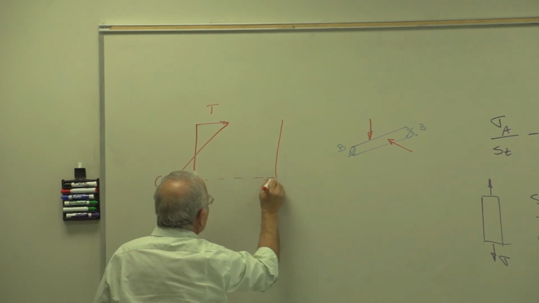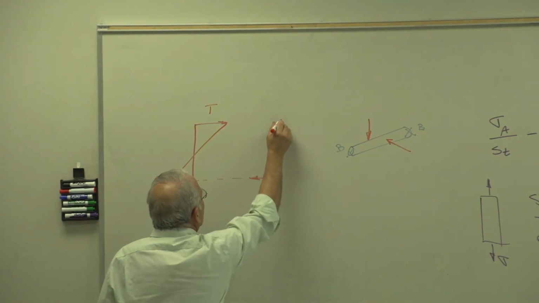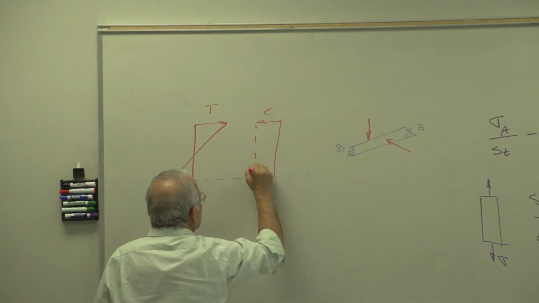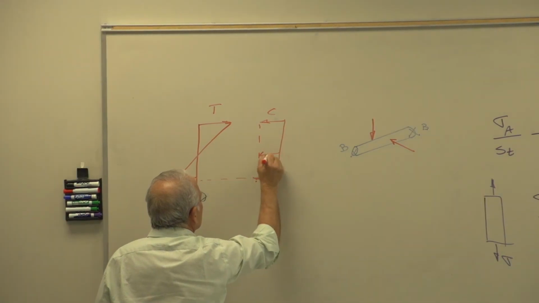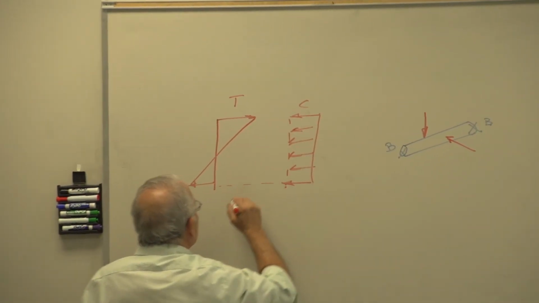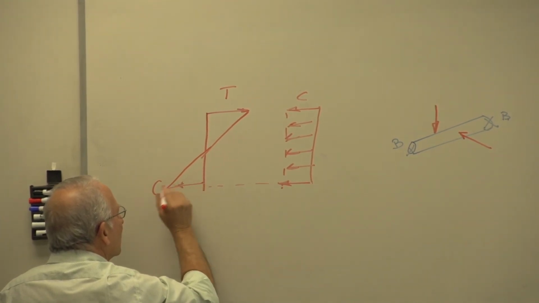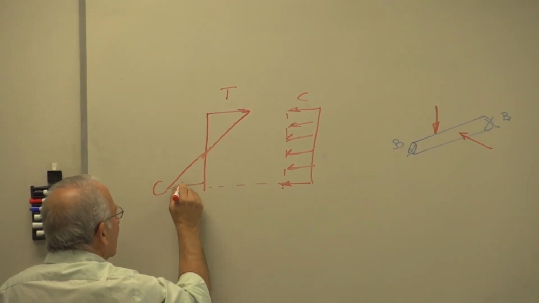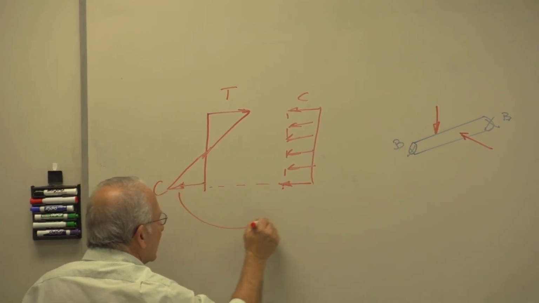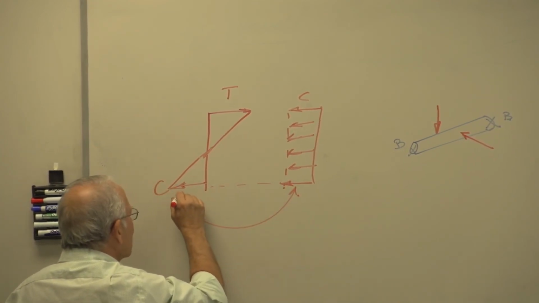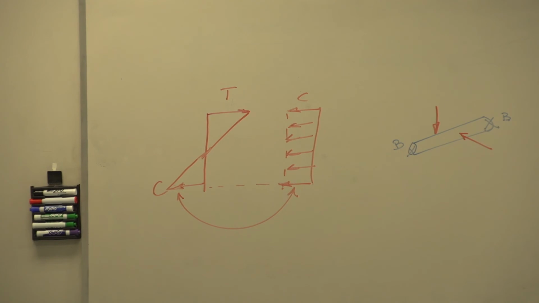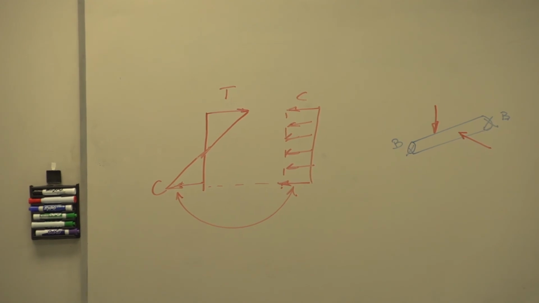From the applied load, you get this, all compression. Therefore, insofar as magnitude is concerned, the maximum stress occurs where those two add.